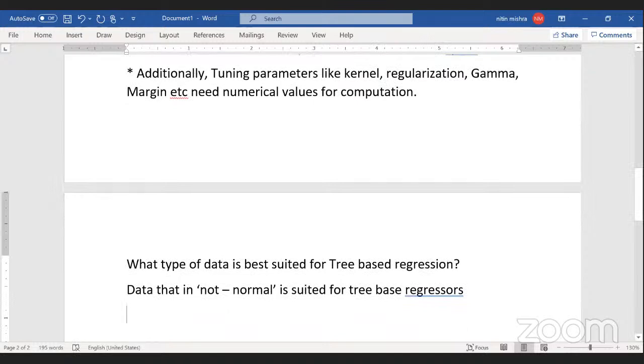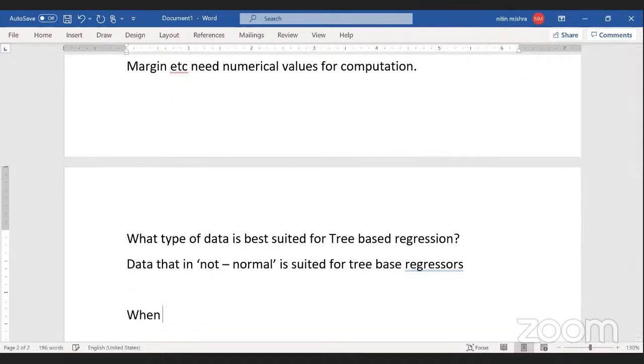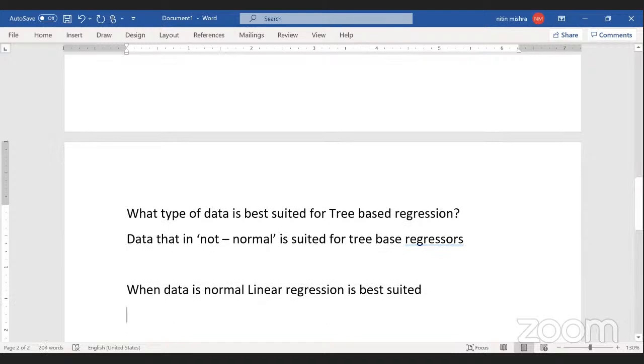So when data is normal, what do we do? These are some subtle pieces of information that are not well known. People know decision tree regressor?